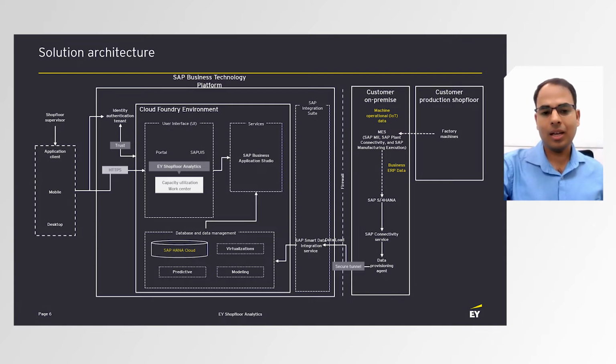And UI5 and Fiori give us the capability to bring up Fiori front ends, where analytical screens can be developed using the controls available out of the box from SAP and can be bound with the NodeJS services.